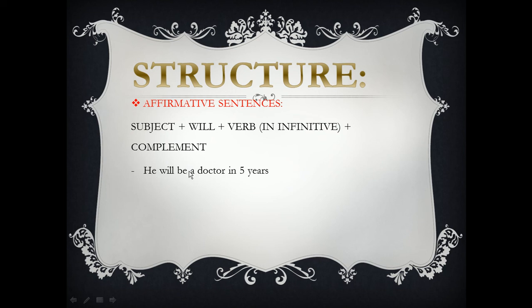He will be a doctor in 5 years. Remember the contraction. We got contractions for everything. So she'll, you can have the contraction here as well. So she'll be here in a moment. Contraction. Again, the same structure, but using a contraction. Second contraction. I'll make a copy right away.